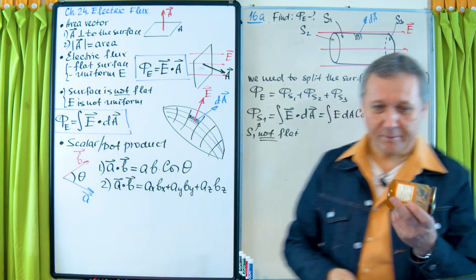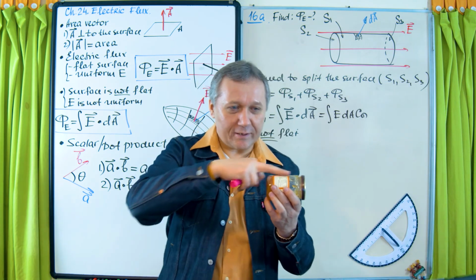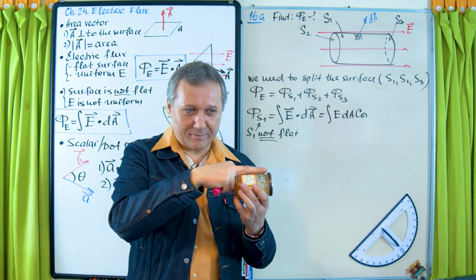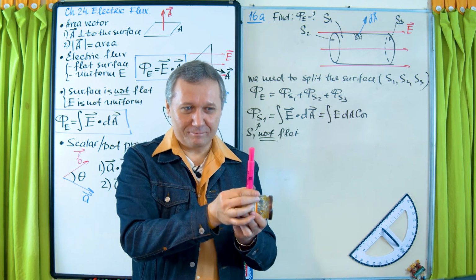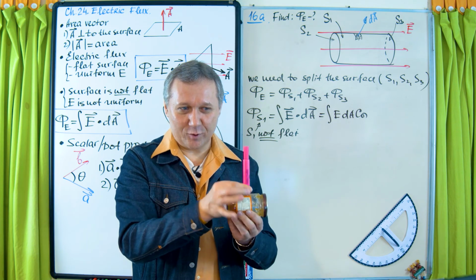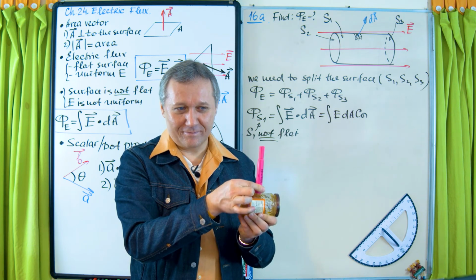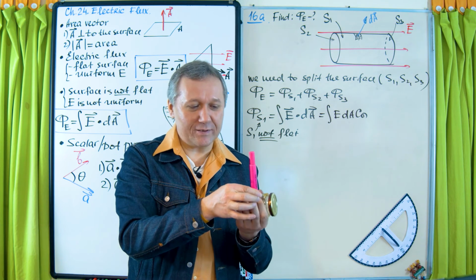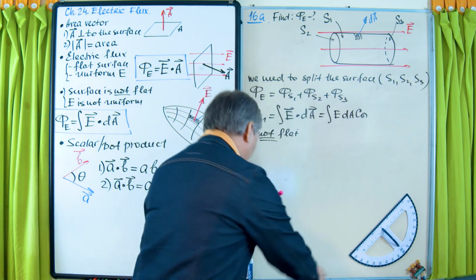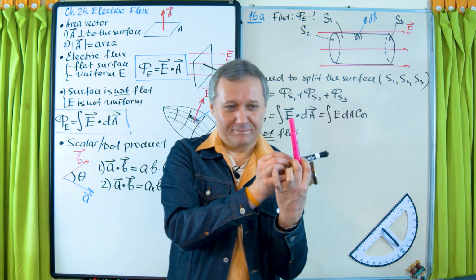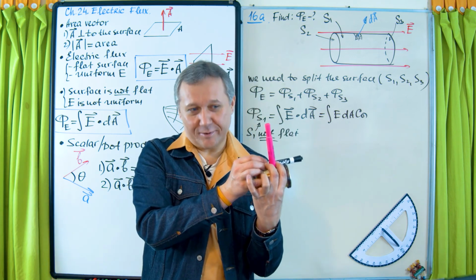Let me use my jar again. So here is the jar, and the electric field goes that way. But the area vector is perpendicular to the surface. So what's the angle between this area vector and the direction of the electric field? 90 degrees.